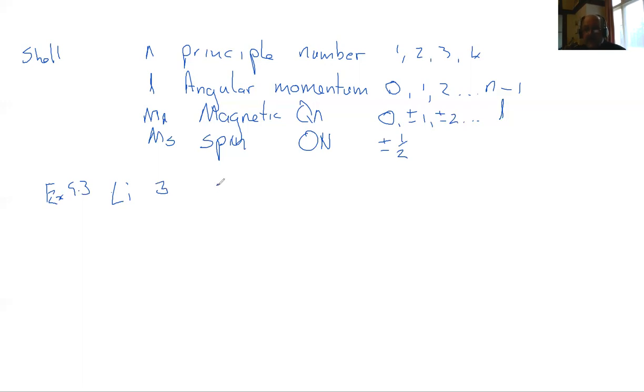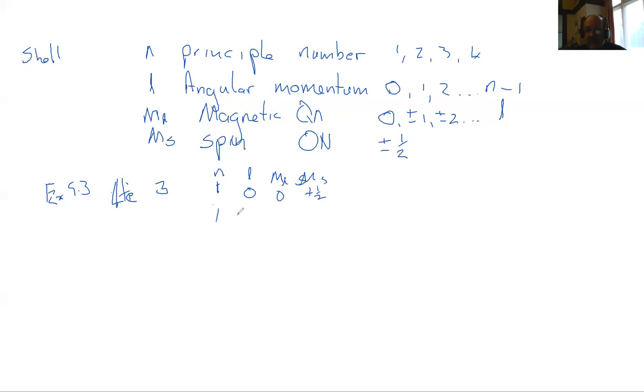So n is equal to 1, which means l is going to equal 0, because it can only equal 0. m_l equals 0, because this number cannot be bigger than l. And spin, actually let's do helium. Spin m_s is going to be plus 1/2 the first time round.